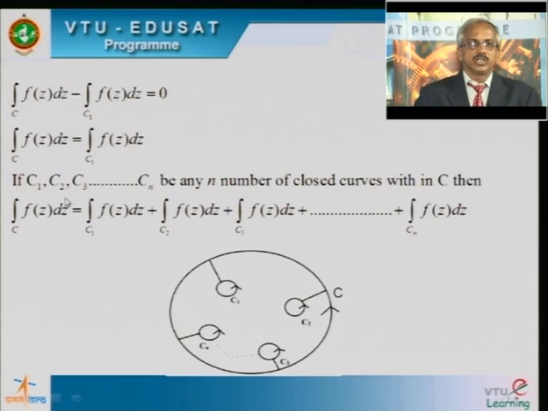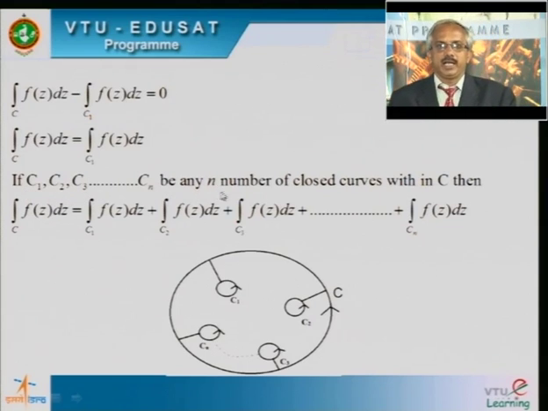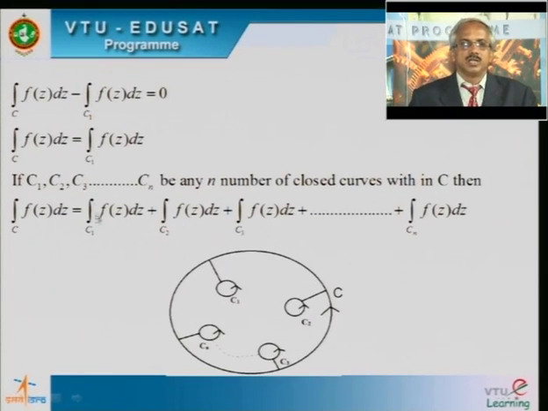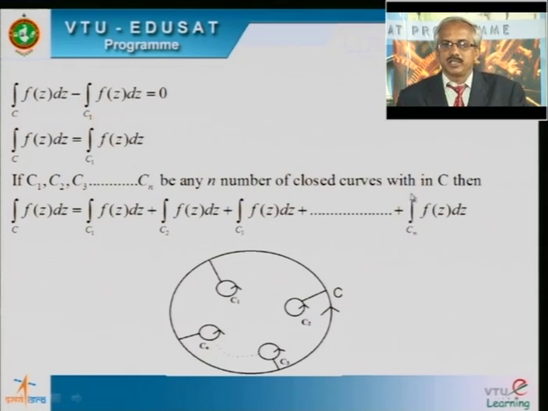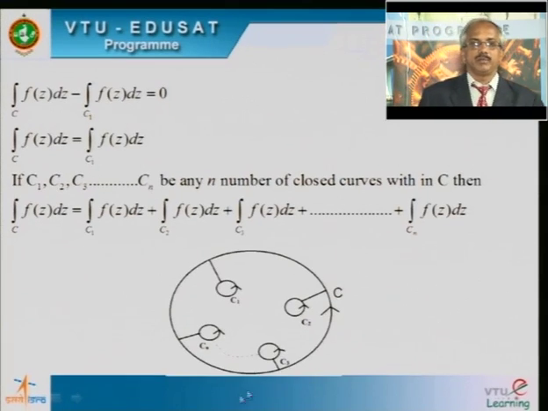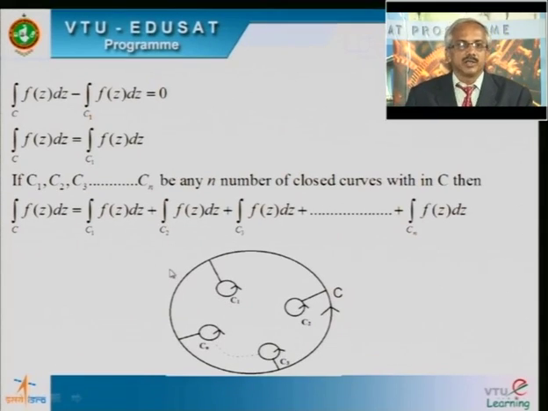If C1, C2, C3, up to Cn are any n closed curves within C, then the integral along the curve C of f of z dz is equal to the integral along C1 plus the integral along C2 plus the integral along C3, and so on, plus the integral along Cn of f of z dz. This result is very useful for finding residues by using Cauchy's residue theorem in future, so there we use this concept to solve problems.